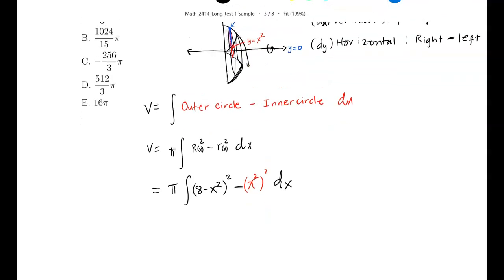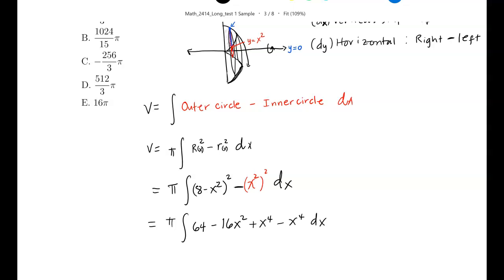Then you simplify. So let's expand this. Expanding this binomial gives you a trinomial. You square the first term, so you have 64, minus twice the product of the two terms, so negative 16x squared, and then square the last term, x to the fourth. And then here, that is just minus x to the fourth dx.